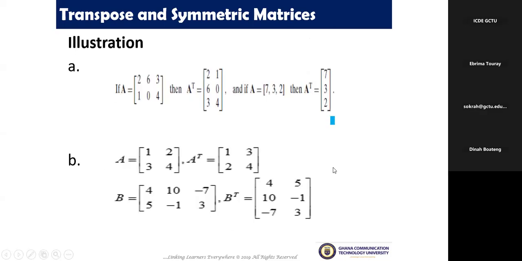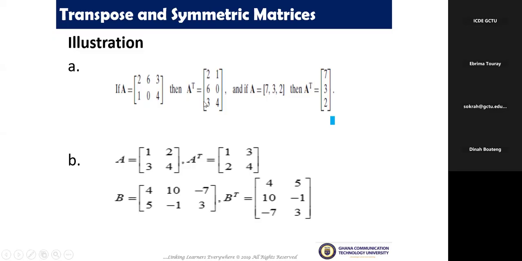Let's see some examples. Look at this. You see the matrix A: 2, 6, 3, 1, 3, 4. Now I ask you to find A transpose. You take the first row and you turn it into a column.